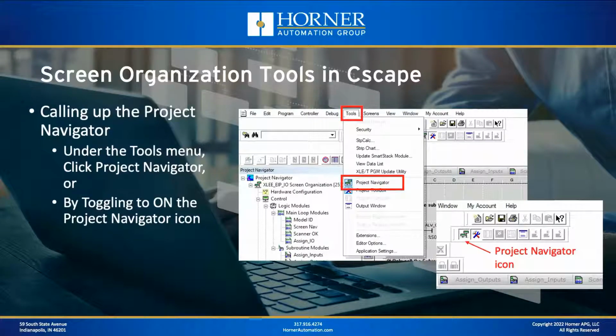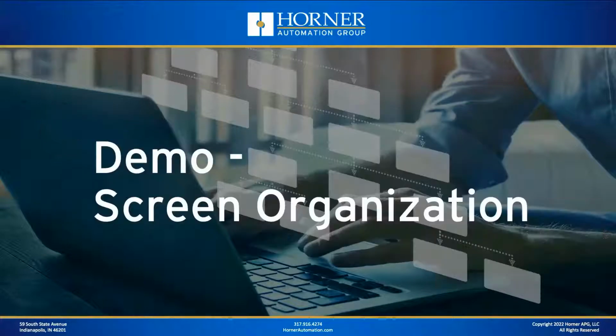That will cause the Project Navigator to appear, and then you can size and dock it wherever you like. In my case, I like to have it along the left side, but not everybody has the same preferences that I do. All right, let's go ahead and do a demonstration of using screen organization.